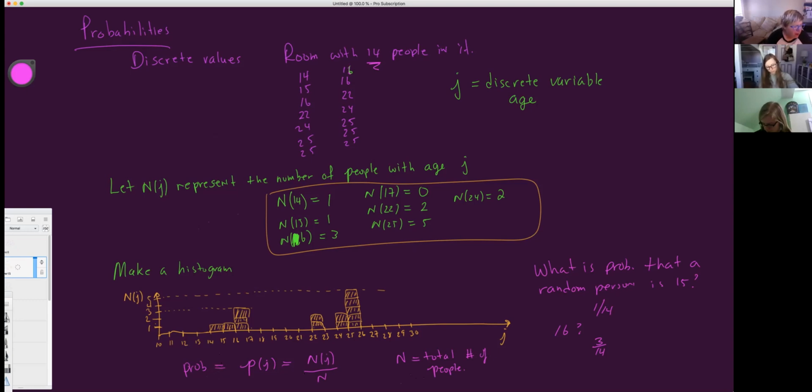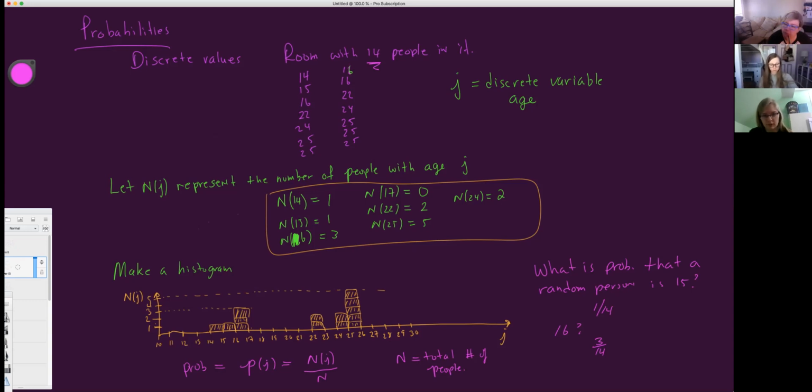Now, what about the probability that if we pick only one person, we'll get either a 14-year-old or a 15-year-old? What is that probability? 2 out of the 14 people.